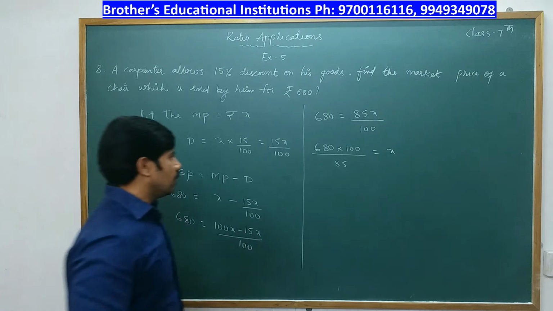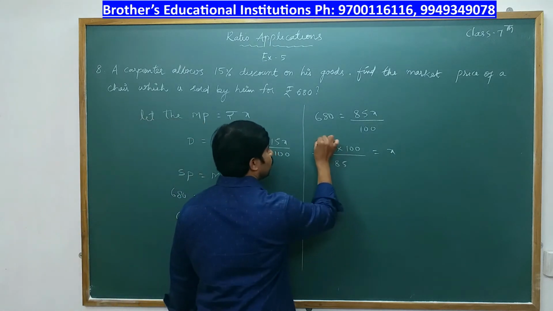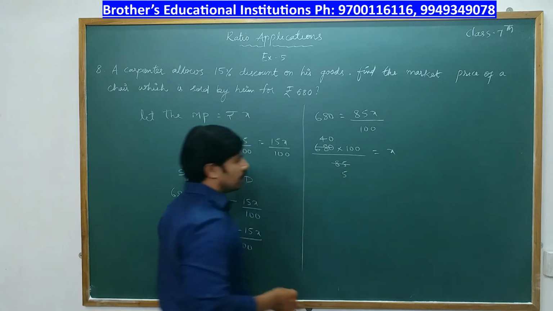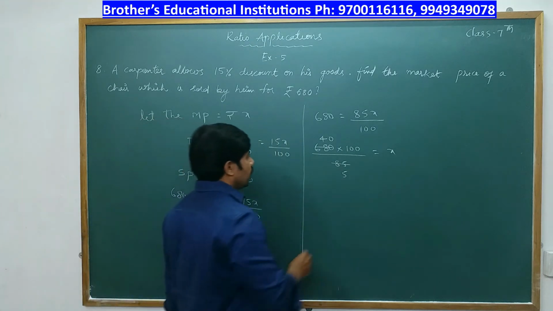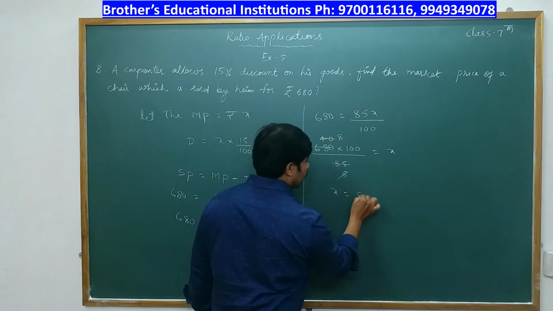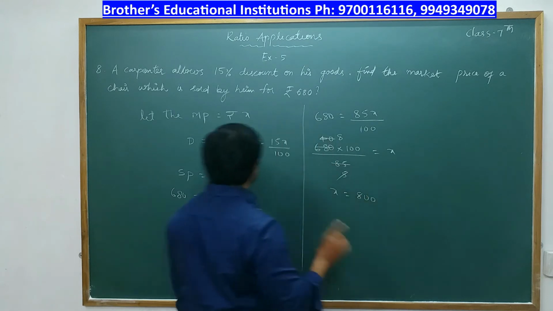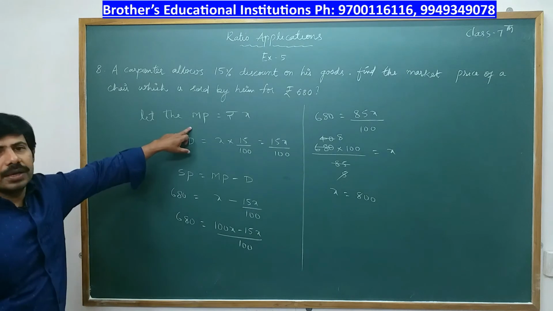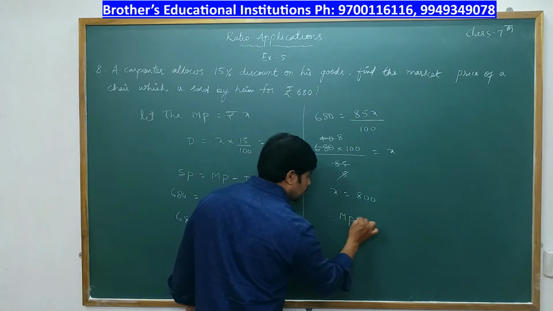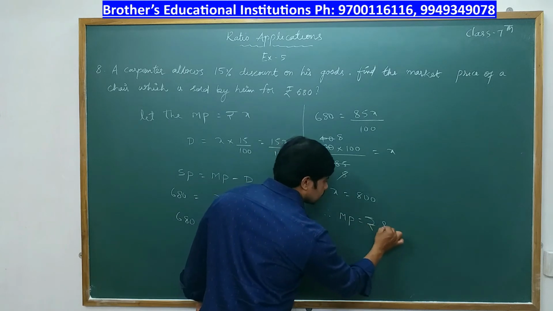So we'll calculate this. 17 4s are 68, 17 zeros are 0, 17 5s are 85. So 5 1s are 5, 8s are 40. So x is equal to 800 we got. But what is x? X is nothing but the marked price. Therefore, the marked price is rupees 800.